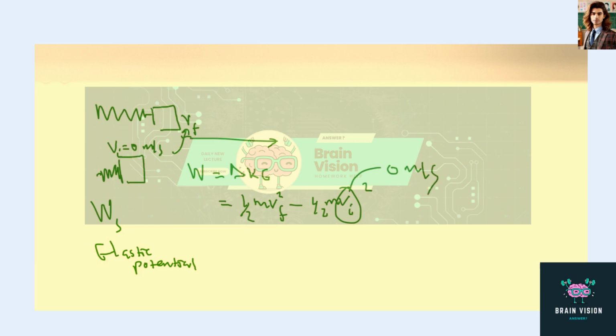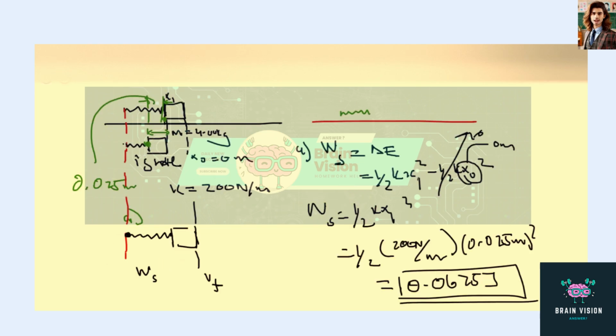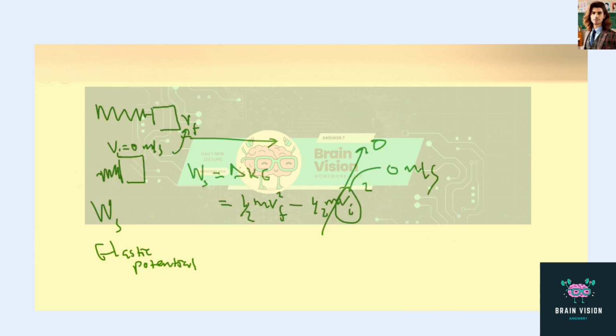So that part of the problem will be 0. We already know the work done in compressing the spring from the previous section, which was 0.0625 joules. We're going to plug that in right here.